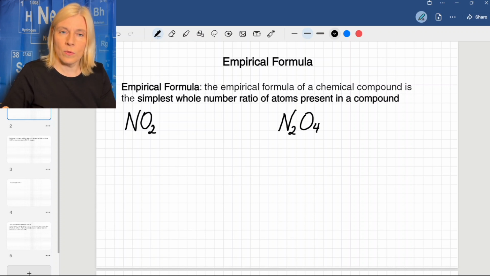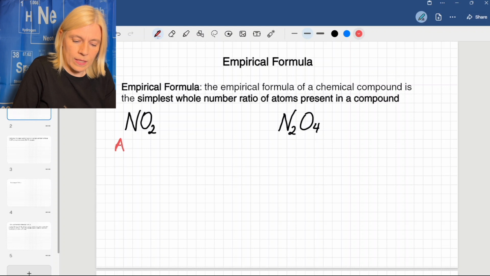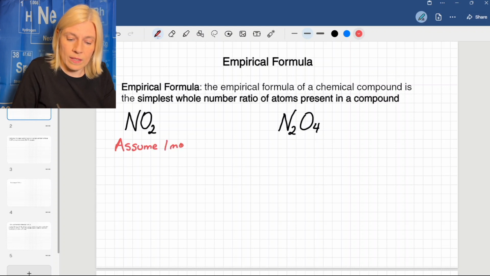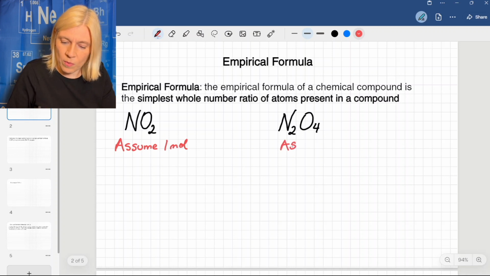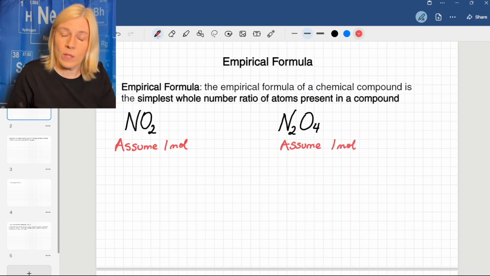If we do percent composition by mass, which we did in a previous video, and we very fast assume 1 mole, I write it in red because it's very important. We're also going to assume 1 mole for this. So I'm going to actually give you a quick review of percent composition by mass.